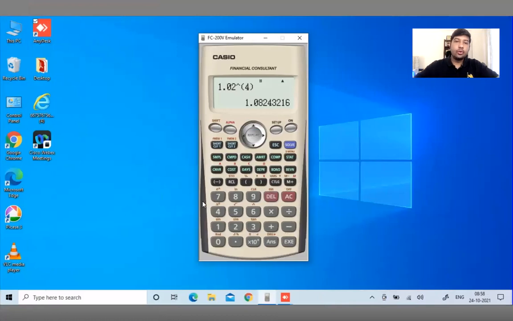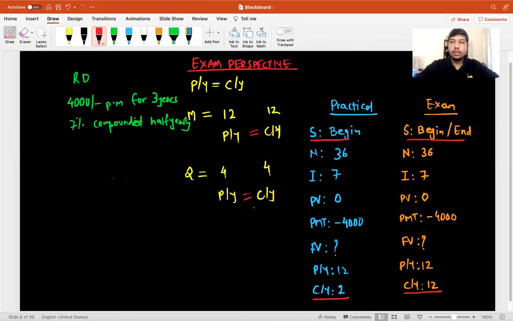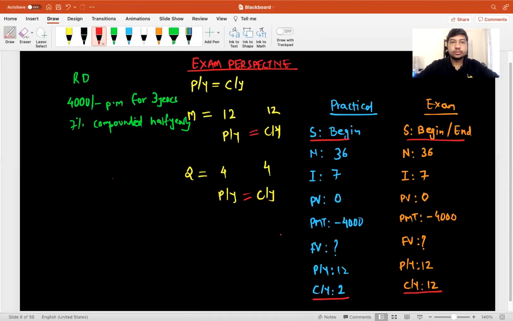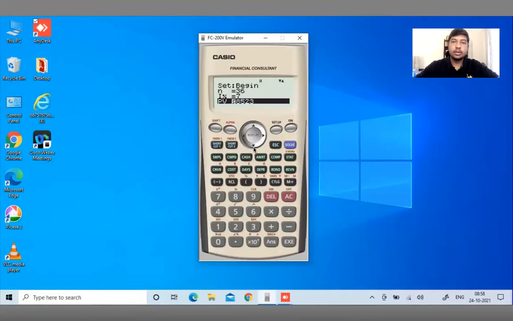So what you need to do is click on CMPD, see what your inputs are and try to override those inputs if required. So SET will be begin, N will be 36 because this RD is for 3 years, so there will be 36 periodic payments. I will be 7%, which is the nominal annual rate.